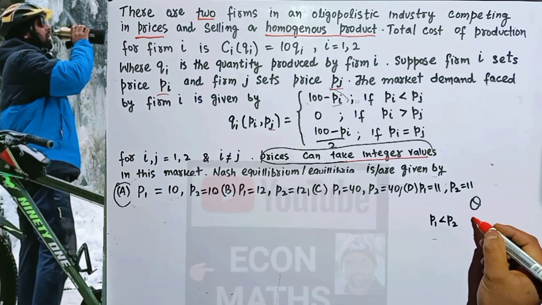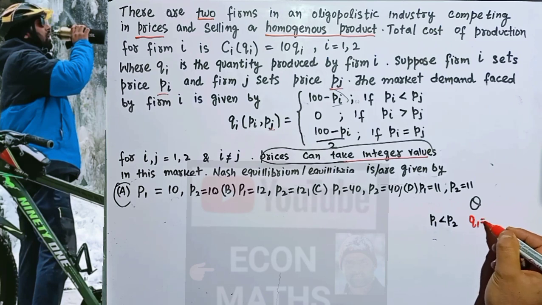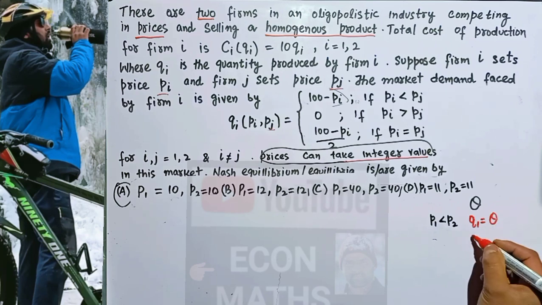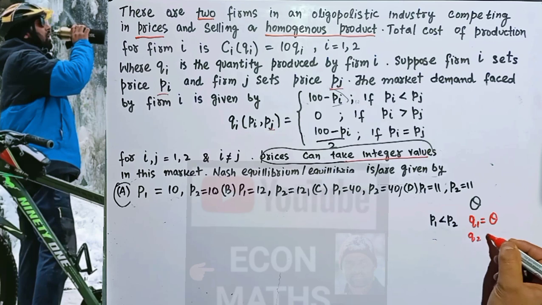Firm 1 gets all the market. That means Q1 is equal to capital Q, and firm 2 will get 0 market share. Firm 2 will not get any market at all.